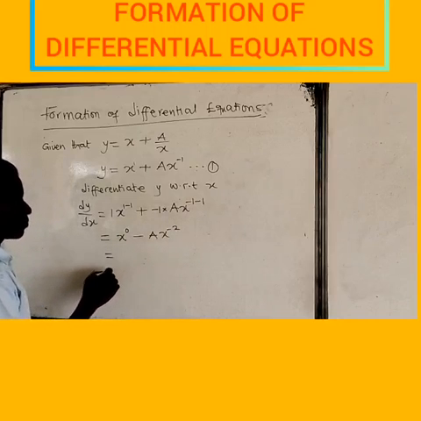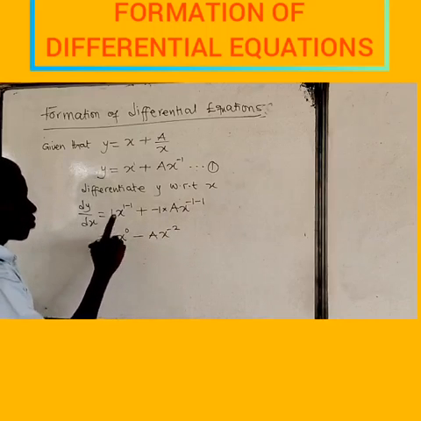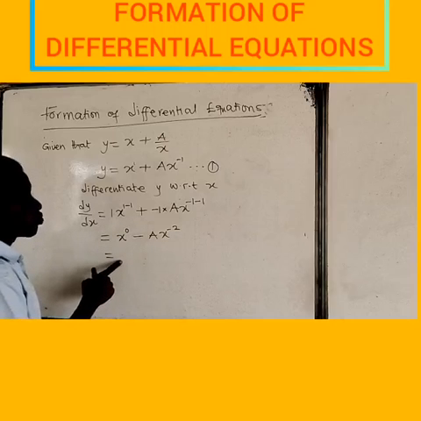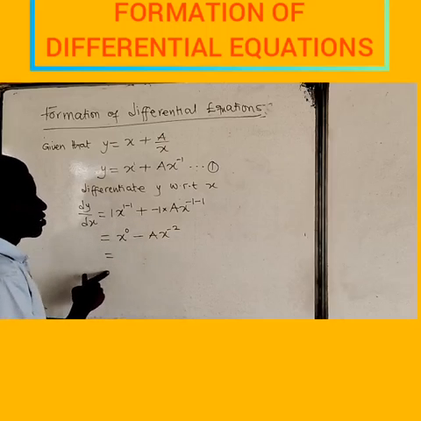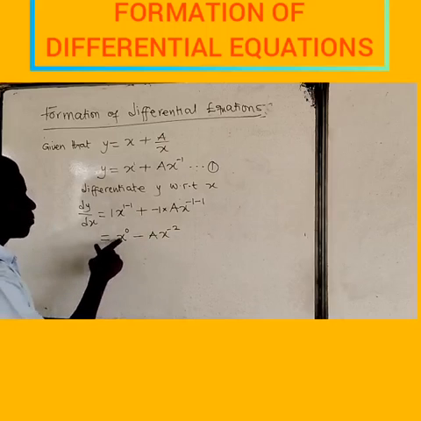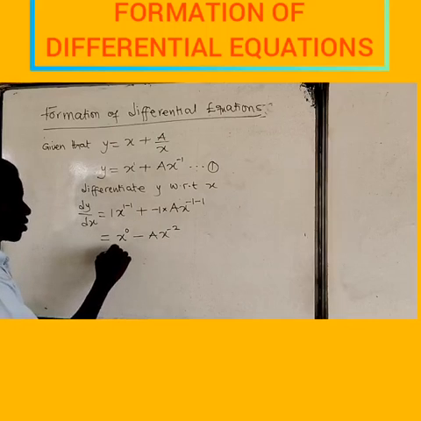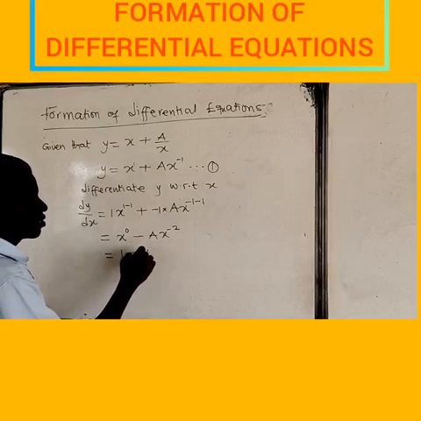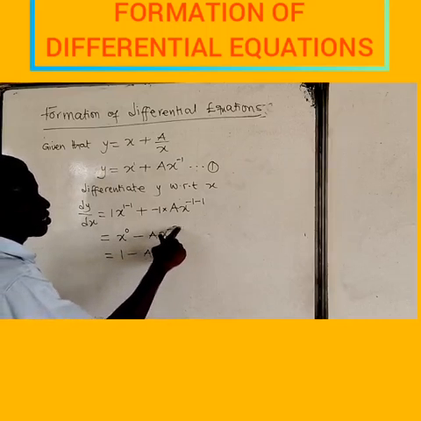So we have x raised to the power 0, and we know that x raised to the power 0 is equal to 1, provided x is not equal to 0. Then minus a x raised to the power -2.